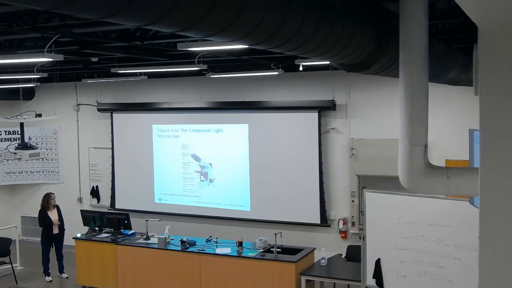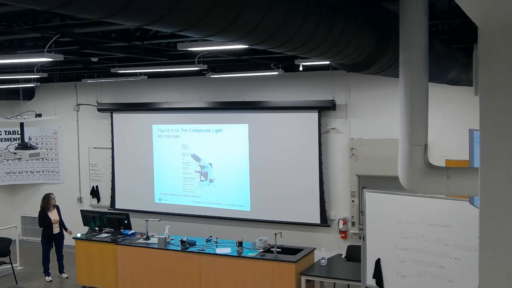And then we have these knobs or screws that move the stage front and back and side to side so that you can scan your sample until you find whatever you need to see. And then in this part that is called the body tube, you have inside some prisms that can bring the light, specifically directing it into the ocular lens, which basically has the lens here.